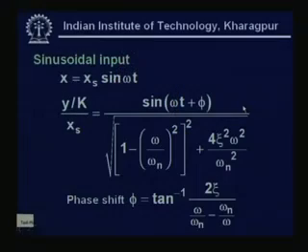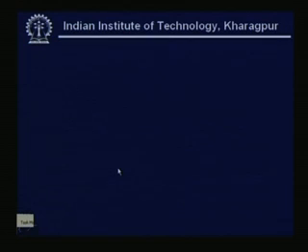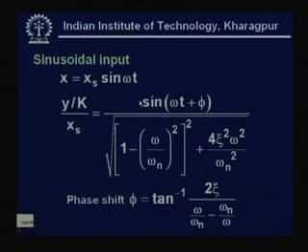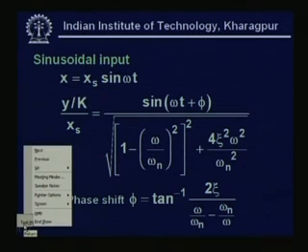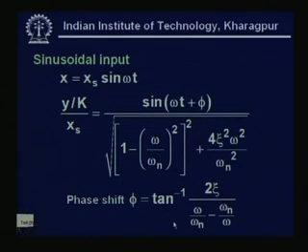You see here what happened, phi equal to tan inverse of 2 xi upon omega by omega n minus omega n by omega.